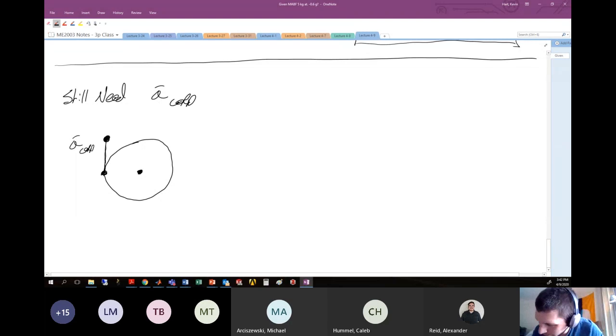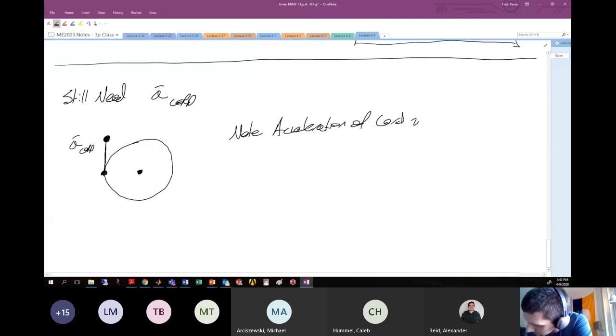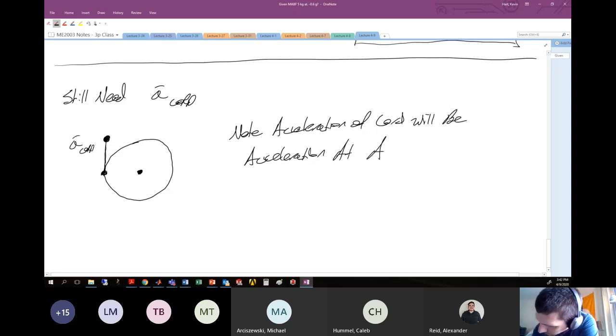At any arbitrary location along the chord, after it's separated from my body, I want to know what the acceleration of that point is. The acceleration of the chord will be the acceleration at A, which is here at A, with G here, but only the tangential portion.